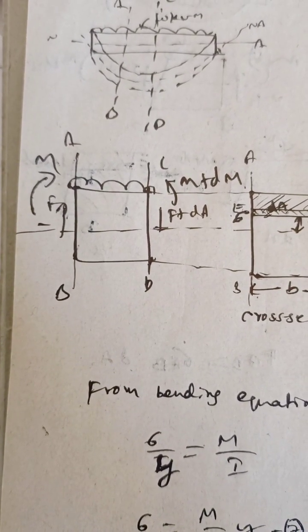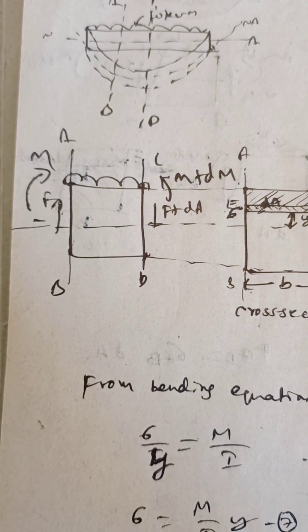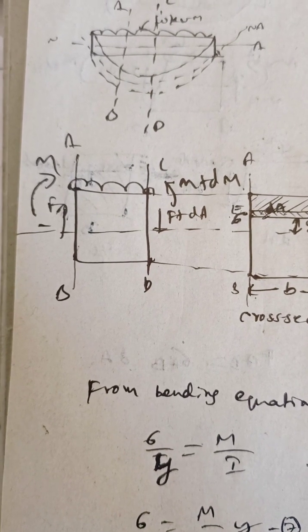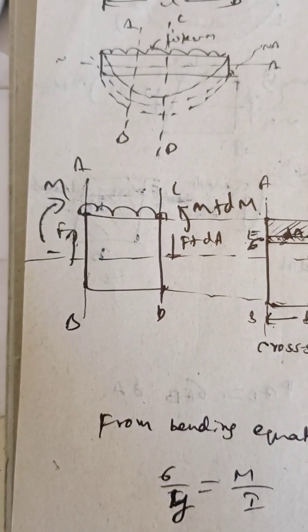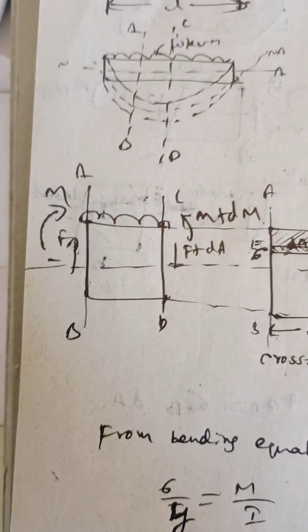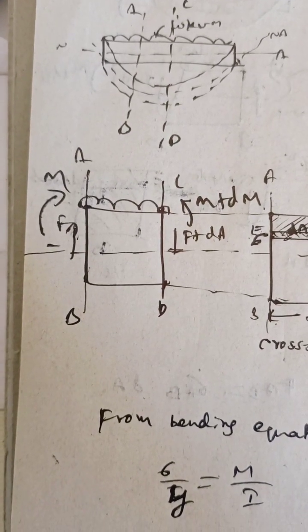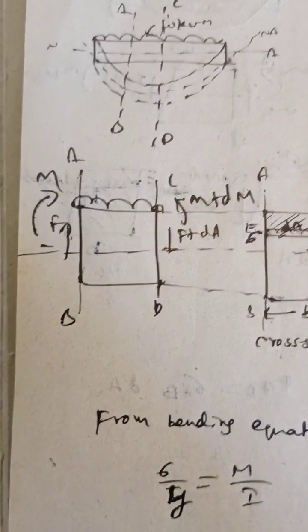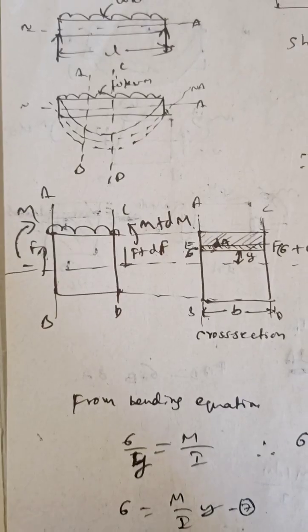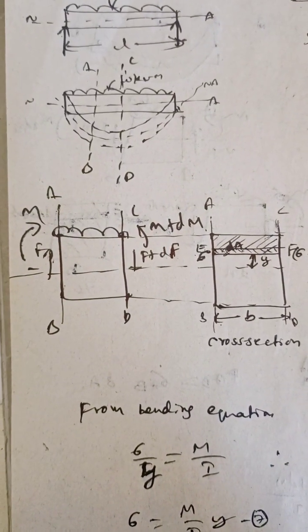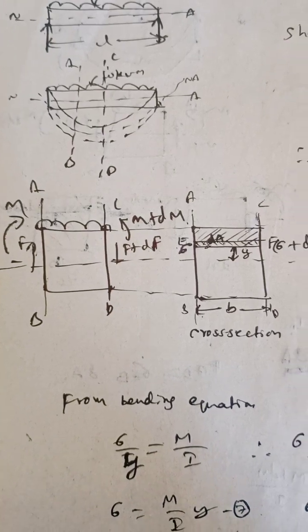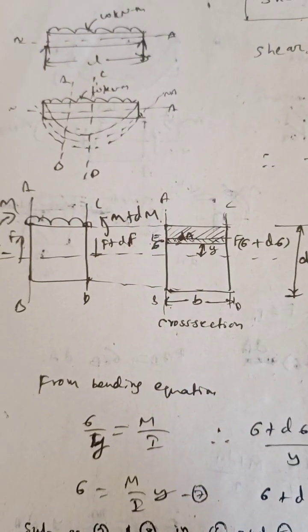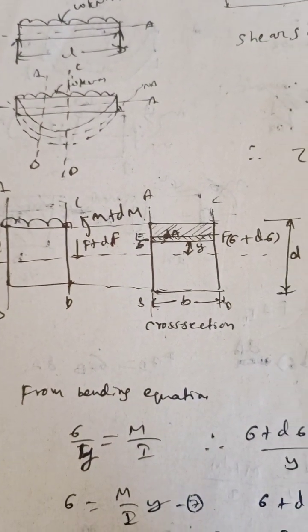Let F be the shear force acting on section AB, and on CD F plus dF. On AB let M be the bending moment, and on CD let M plus dM be the bending moment. So shear force F and F plus dF, bending moment M and M plus dM. If we see the cross section of this portion, it will be like this.